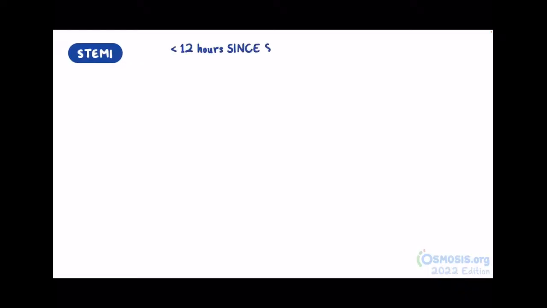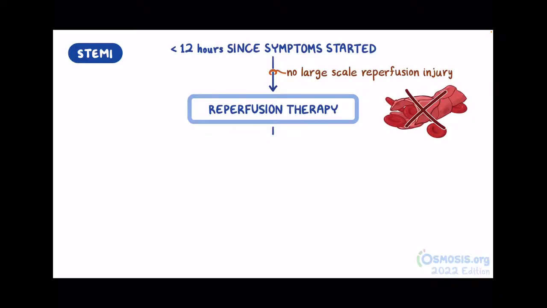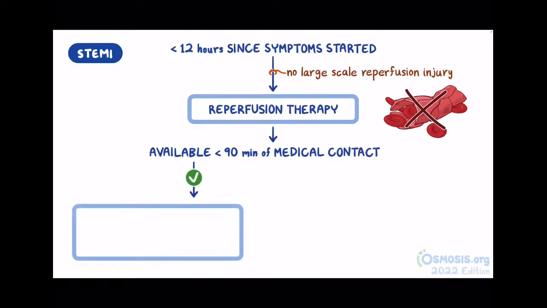If it's been less than 12 hours since the symptoms started, reperfusion therapy can still help salvage the myocardial tissue without causing large-scale reperfusion injury. If it's available within 90 minutes after the patient made first medical contact, the treatment of choice is percutaneous coronary intervention, or PCI. Coronary angiography is done first to detect the number and degree of coronary artery blockage.